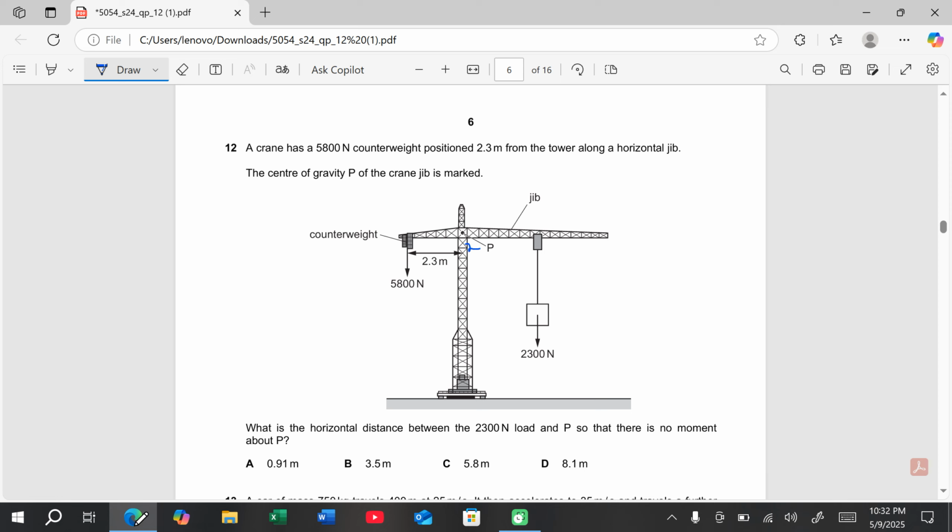You'll take this as X. So X times 2300 is equal to 2.3 times 5800. So X is equal to 2.3 times 5800 divided by 23. When you solve this, you'll get 5.8.